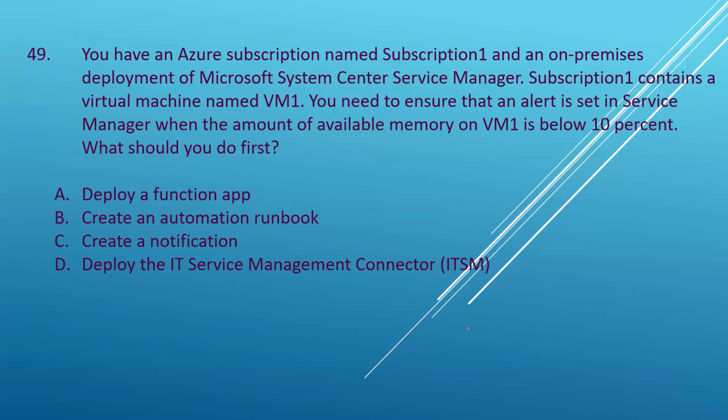What should you do first? Your options are deploy a function app, create an automation runbook, create a notification, deploy the IT service management connector ITSM. The correct answer in this case is option D.